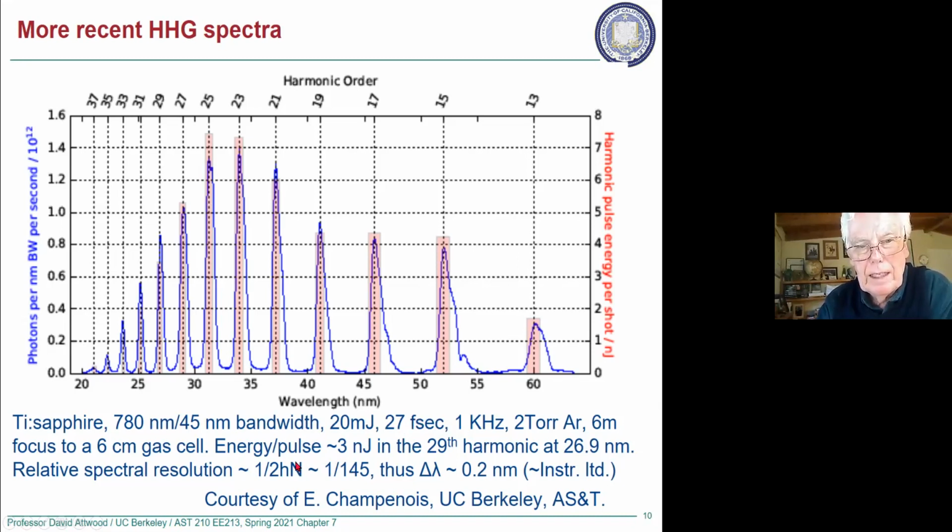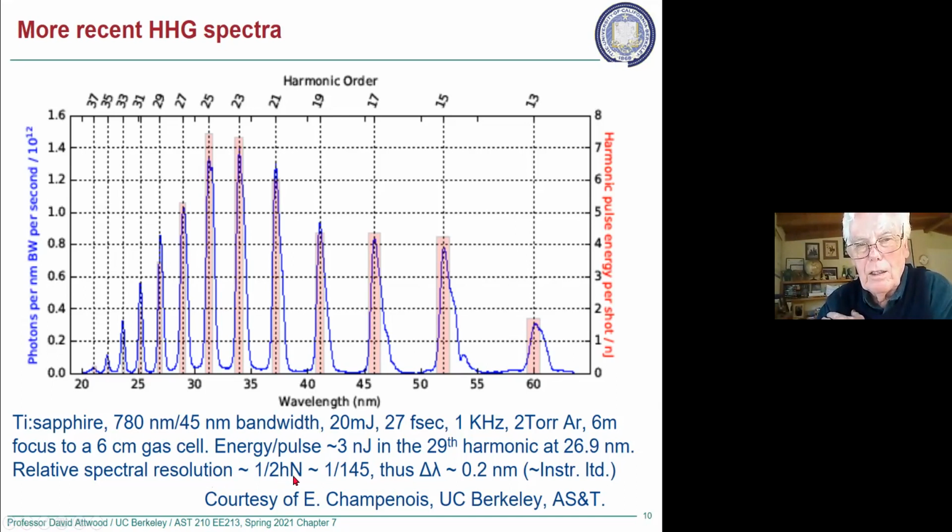That's this number: the number of cycles in the driving pulse. And H is the harmonic that you're looking at, the 29th harmonic. So this would be 29, and this would be whatever we figured the number of cycles of infrared were. Basically, the spectral resolution is something like 1 over HN.